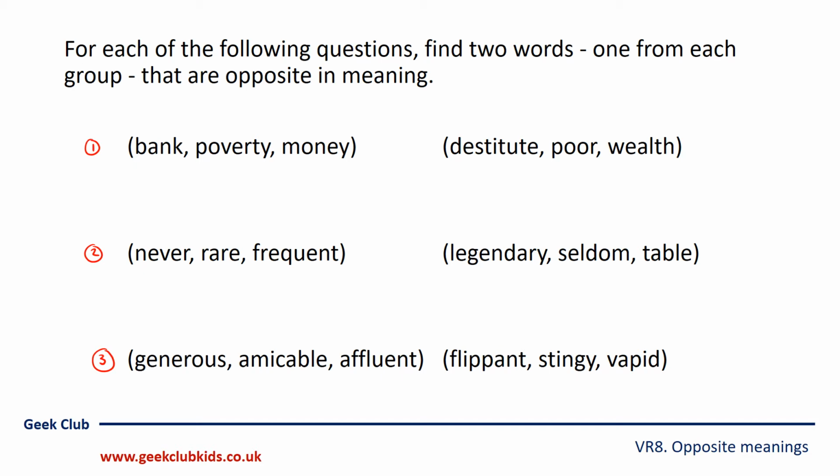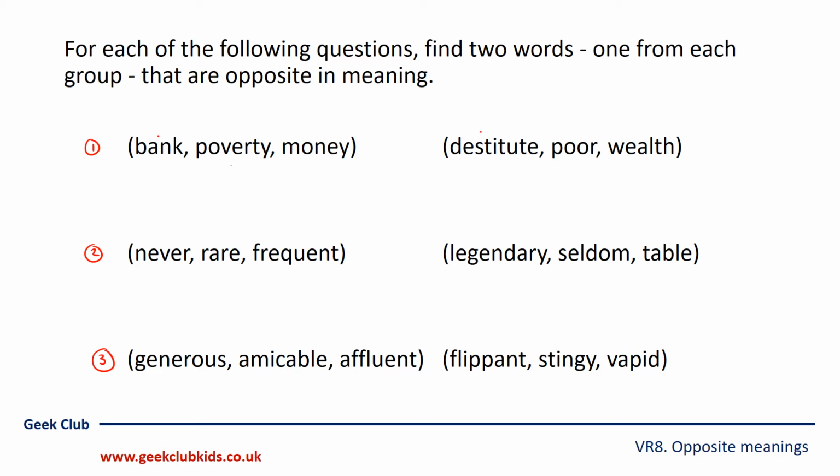Destitute does mean poor. So let's compare all the sets of words. So we've got bank and destitute, so bank and poor. No, they don't mean the same thing. Bank and poor, bank and wealth. Well, they don't mean the opposite. Poverty and destitute. Well, they're sort of along similar lines. They're definitely not the opposite. Poverty and poor. Nope.